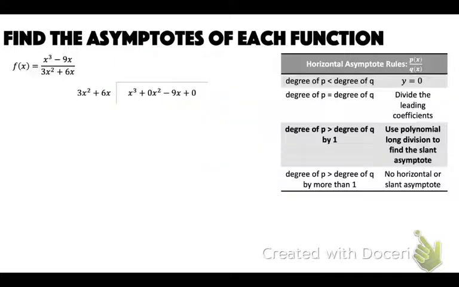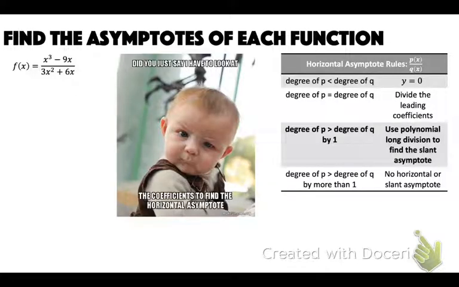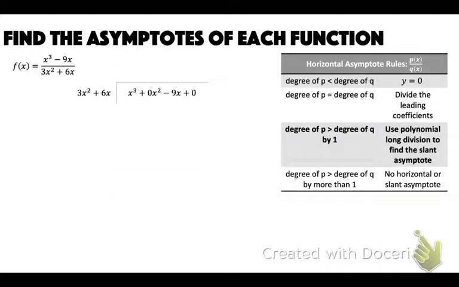Okay, so let's look at this. For this one, the degree of P is 3, and the degree of Q is 2. So the degree of the top is 1 greater than the degree of the bottom. So I'm going to use long division to find the slant asymptote, which hopefully you remember: divide first with first.